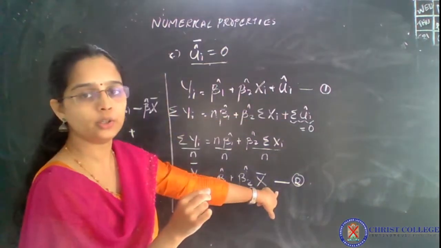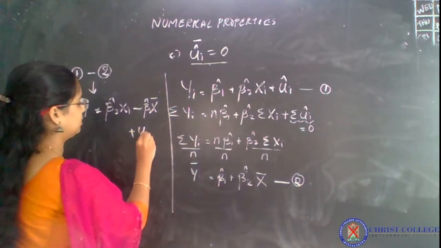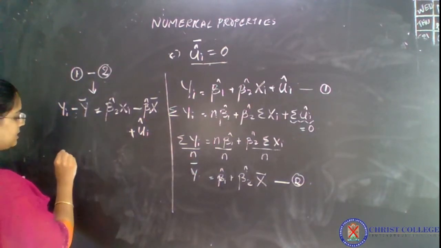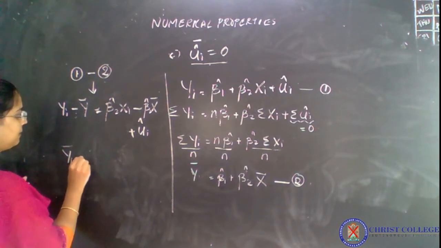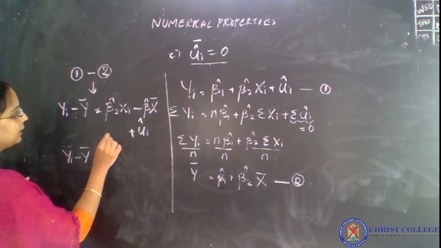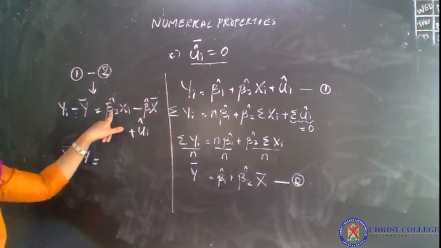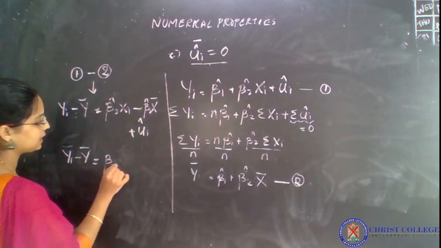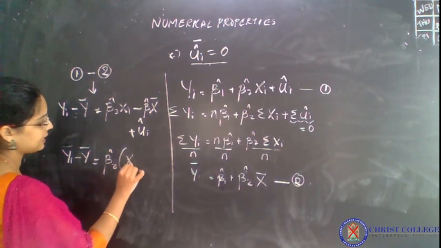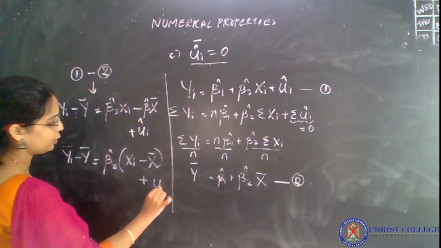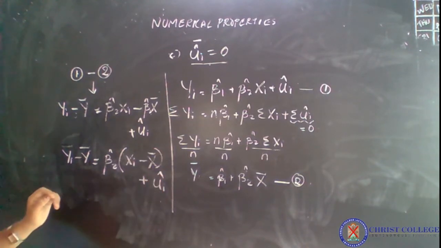Here there is no ui component to subtract, so plus ui hat. That is, yi minus y bar is equal to, taking beta 2 hat common from both these terms, beta 2 hat times xi minus x bar, plus ui hat.